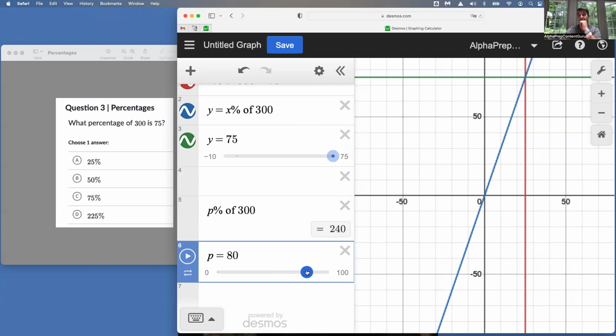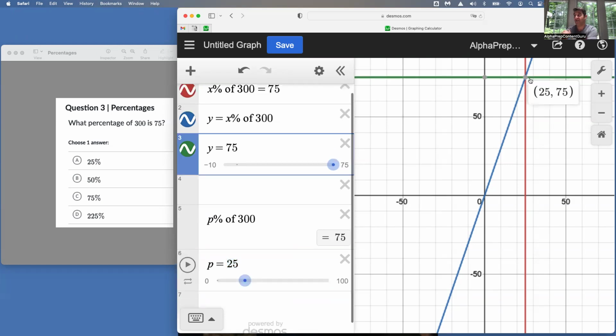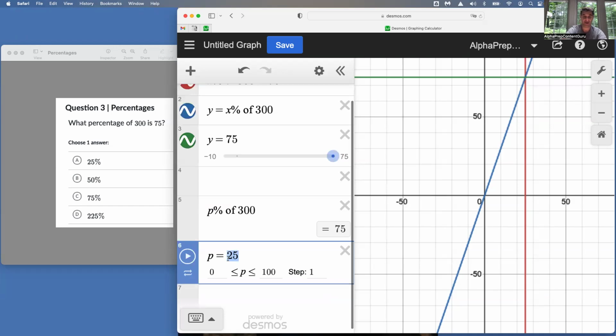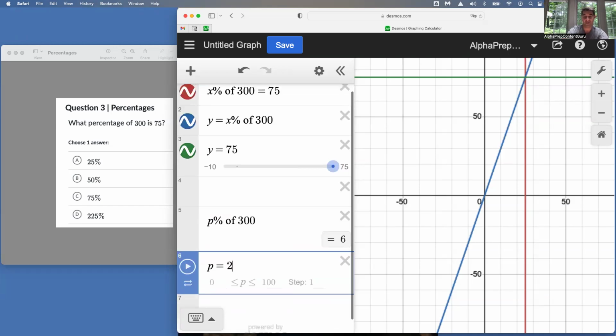I can either use the answer choices like this and say, well, that's way too big, I'm looking for 75, and go one by one. Or if I want to, I could have easily typed in all the answer choices right here. The answer is definitely A. We see that up here, obviously. But very cool regardless that if I wanted to, I could type in every answer choice right there.